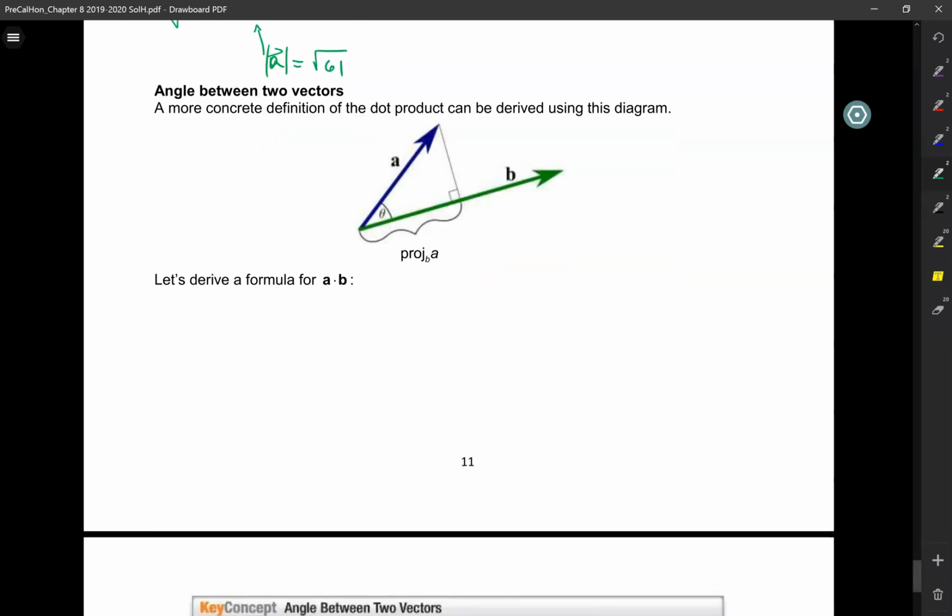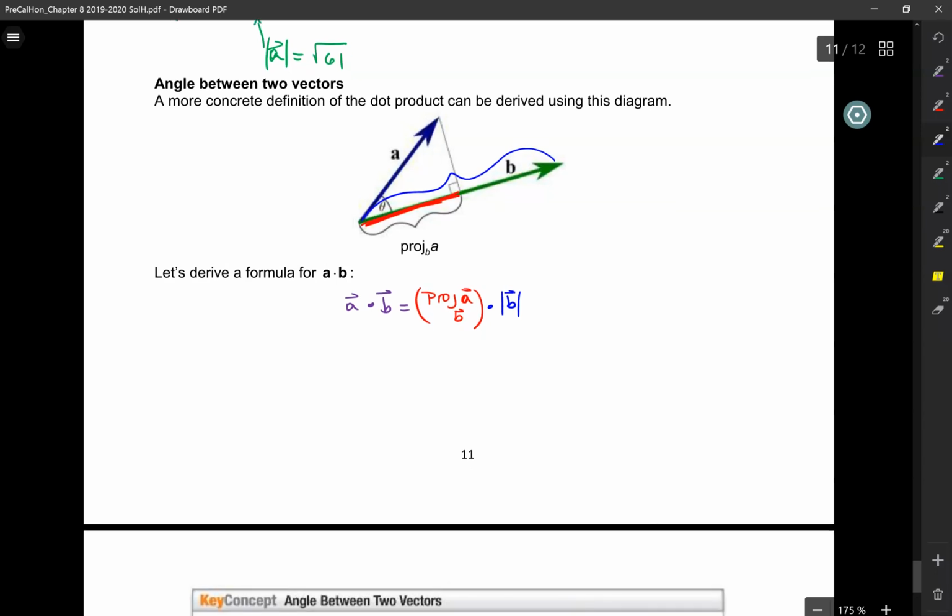We said A dot B was the projection of A onto B, this length, times the magnitude of vector B.